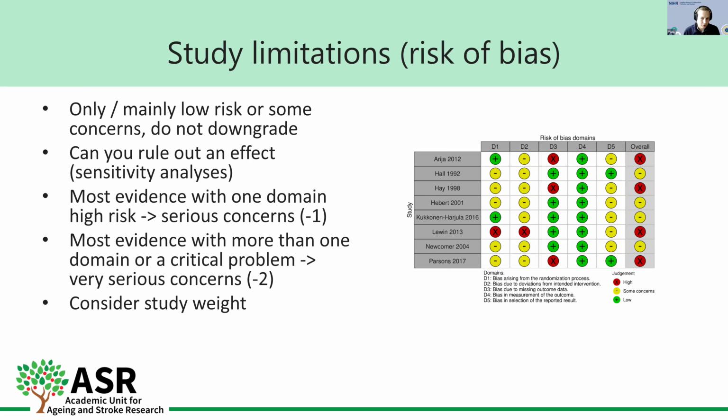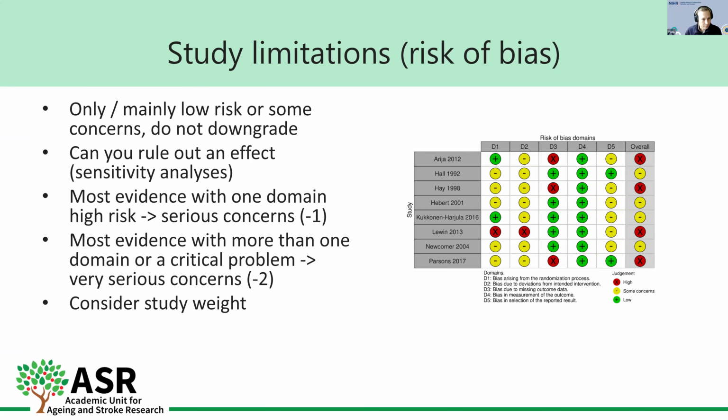Another way of avoiding downgrading the evidence due to risk of bias would be if we were to do a sensitivity analysis. So if we were to just include the studies that were low risk or some concerns, and compare that to our estimate when we're also including the high risk studies, if there's no substantial difference, then we might decide that any risk of bias isn't actually playing out in terms of our estimate, so we don't need to downgrade.